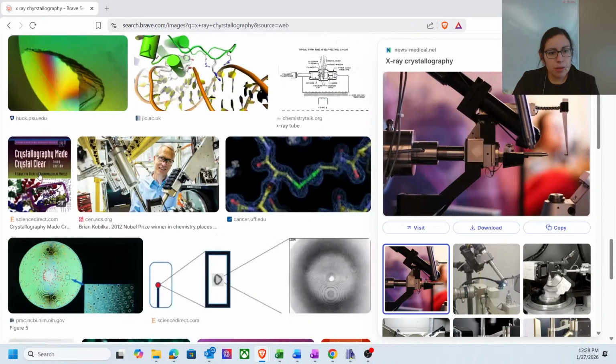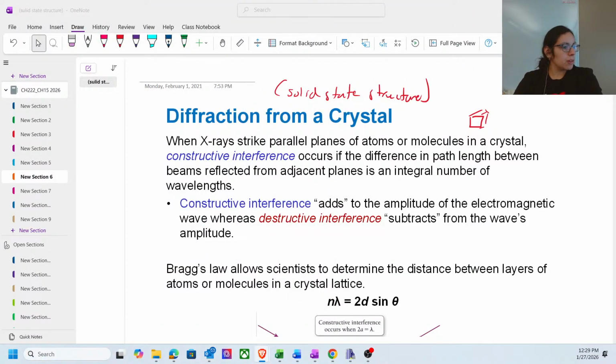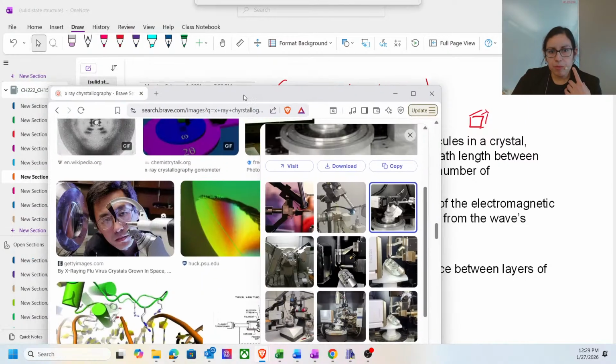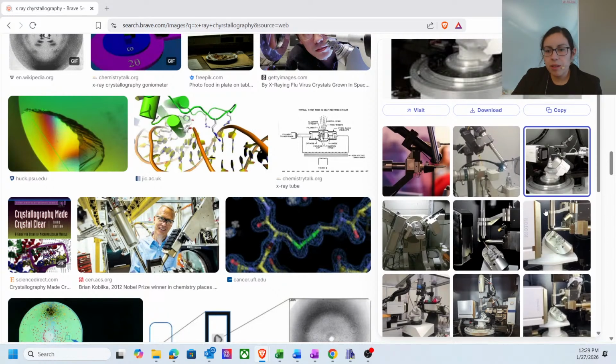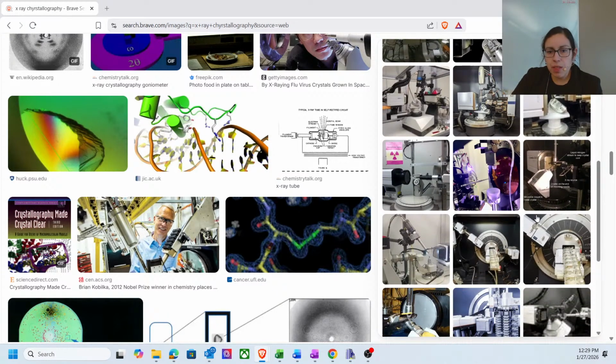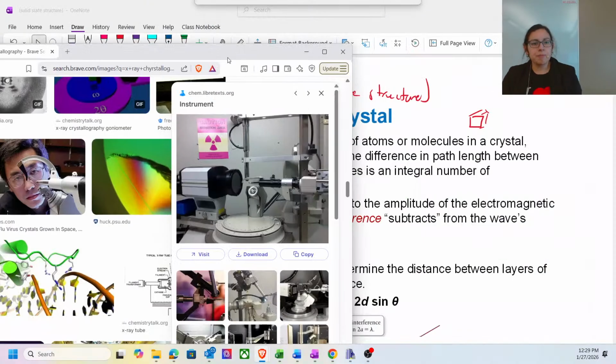I should have searched Google, Google has better images. Actually, this is an okay one. It's just this little machine. So you literally mount your crystal on this small point, and then you shoot it with X-rays. This is the idea of how these machines look, and obviously radiation.